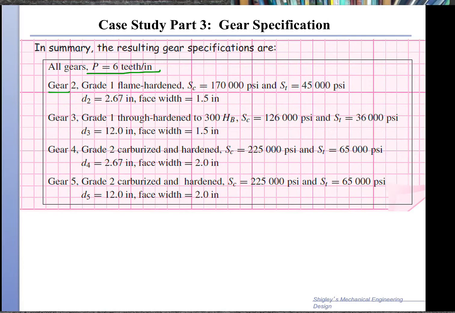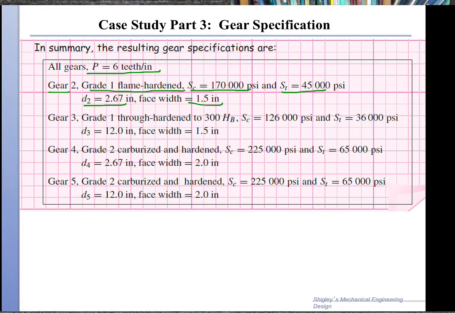Gear 2 is specified as grade 1 flame hardened with a strength of 170 KSI in contact and a strength of 45 KSI in tension. So this translates to a diameter of 2.67 and the face width is 1.5.